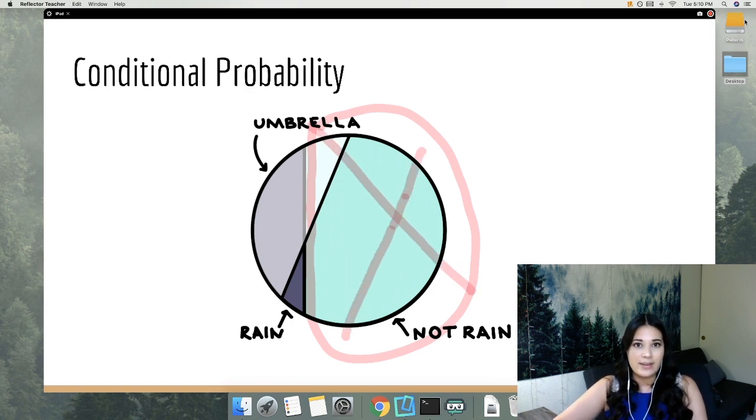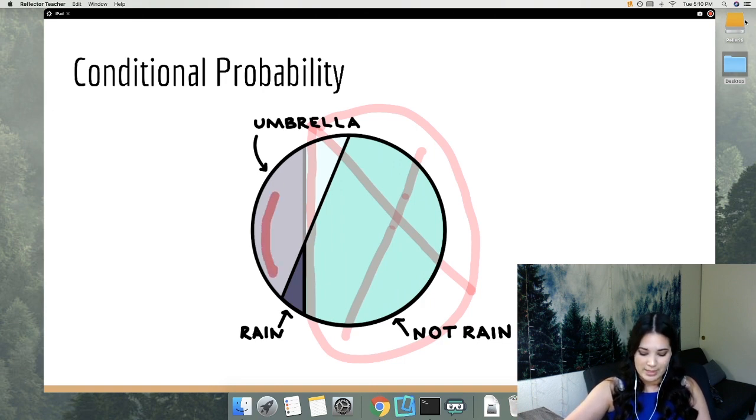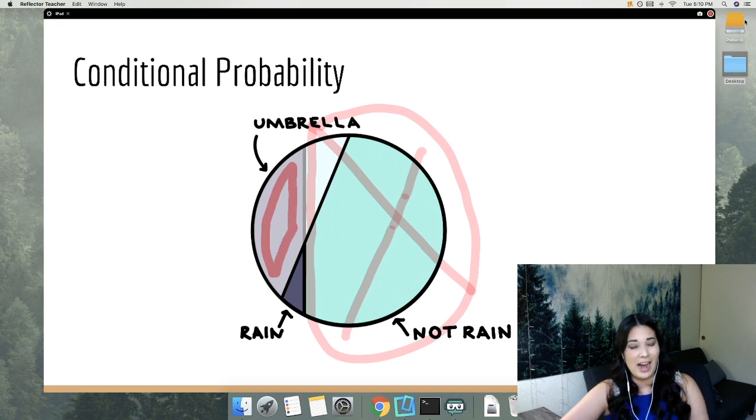So now if I say, what is the probability of me bringing an umbrella given that it's raining? Well, that's this entire section. And that's pretty high, right? The probability of me bringing an umbrella given that it's raining is very high. This is contrasting with the probability of bringing an umbrella in general when we're looking at the entire circle, which is actually relatively low, which makes sense given that it doesn't rain a lot here.